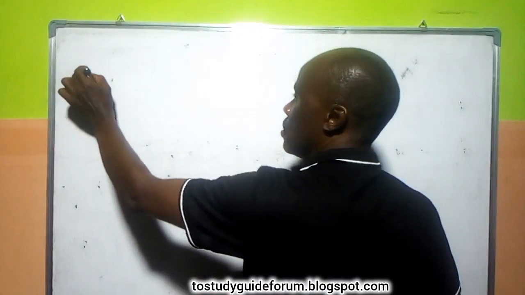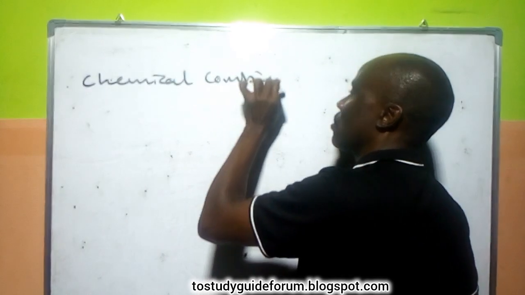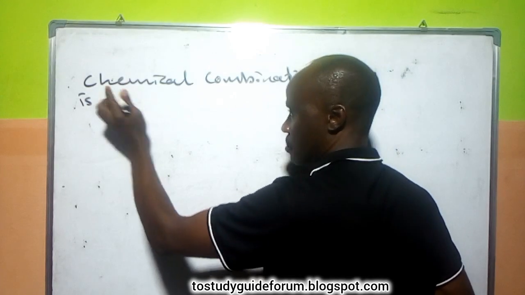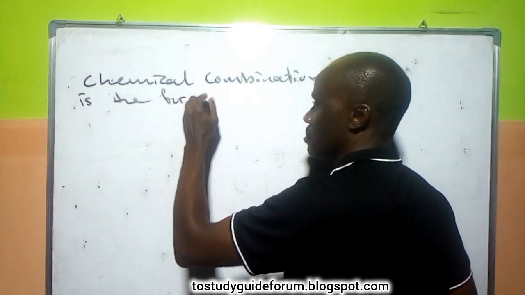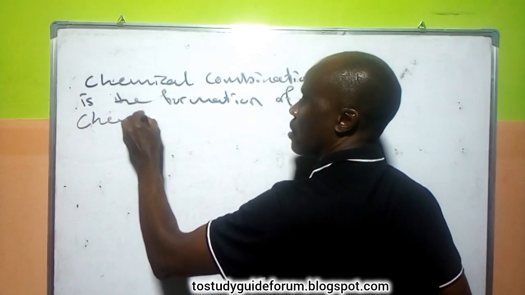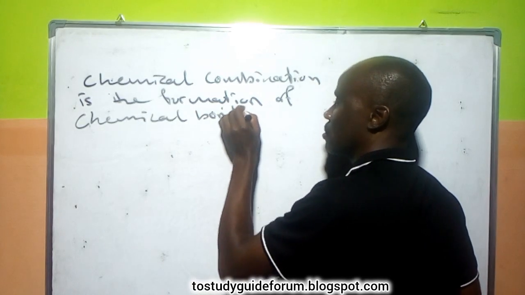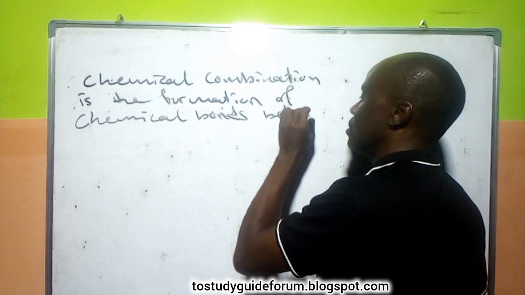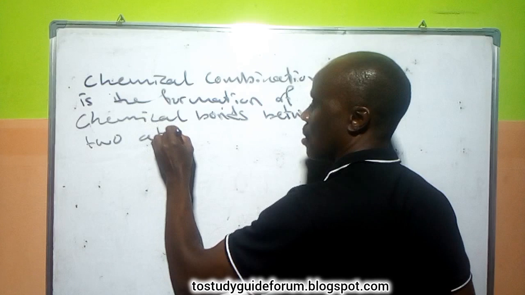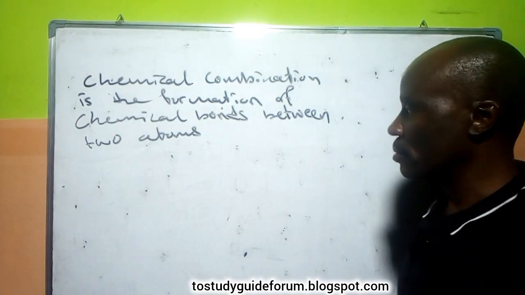Chemical combination is the formation of chemical bonds between two atoms. Now, what is chemical bond?